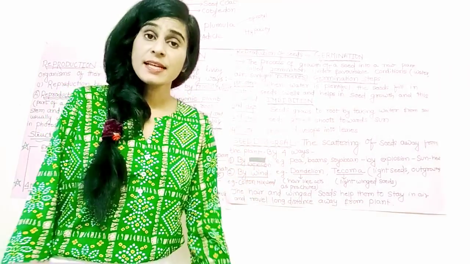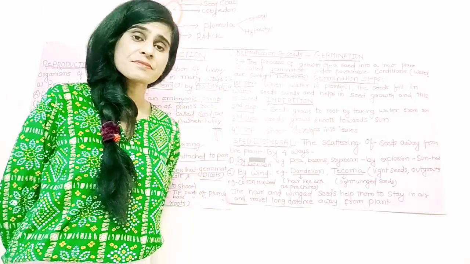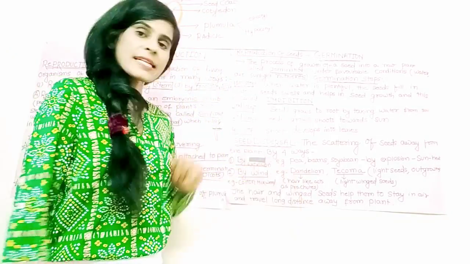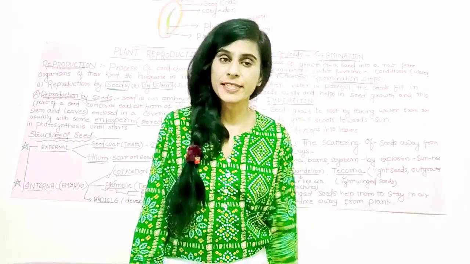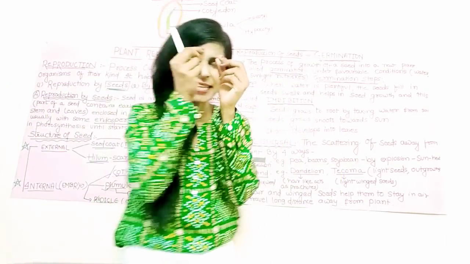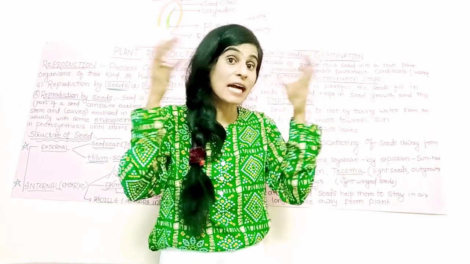The second one is seed dispersal by wind. For example, dandelion and tecoma, and you can take the example of cotton. Yes, you have seen the outside of the seed has some white hair-like outgrowths.